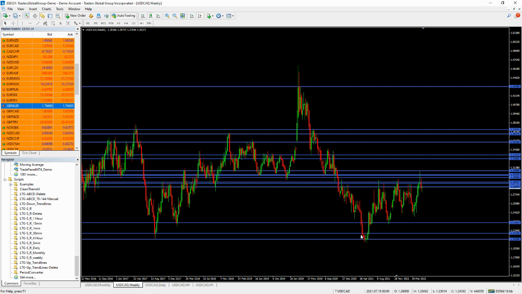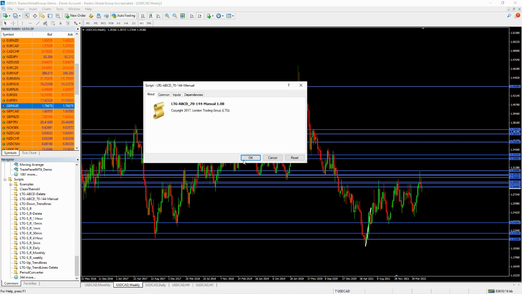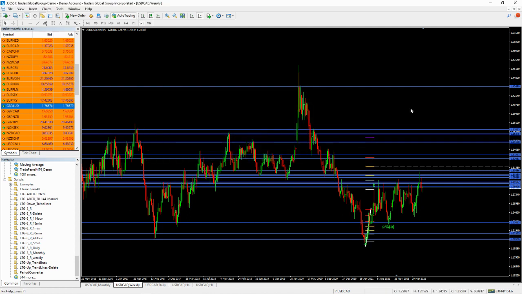Now, the other thing that we could have done ahead of time is look at the Fibonacci to see where the D might complete. The way you would do that is you would tell the indicator where to start, because this is a manual Fibonacci, and then it will plot the fibs.